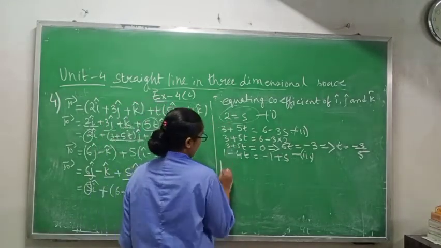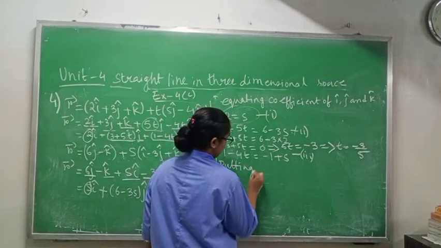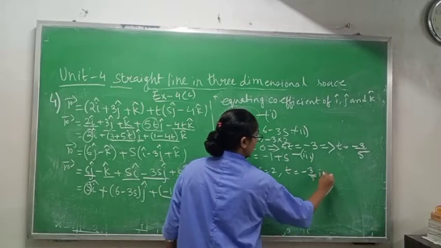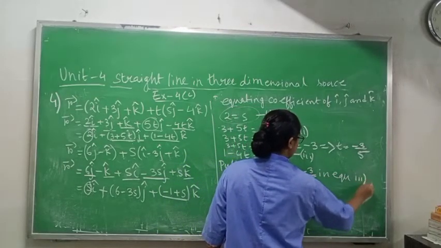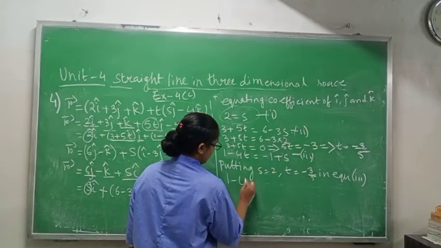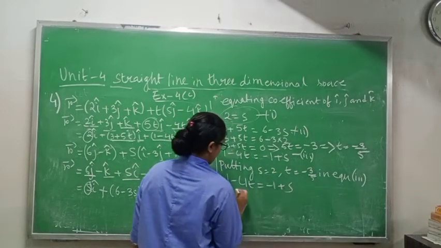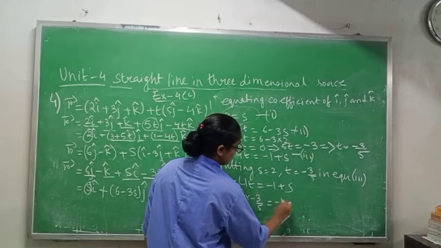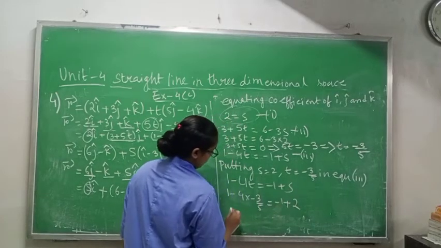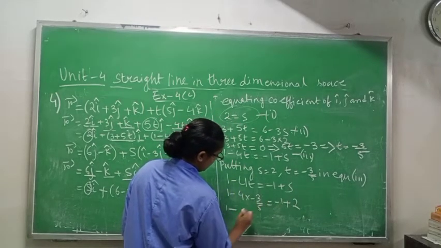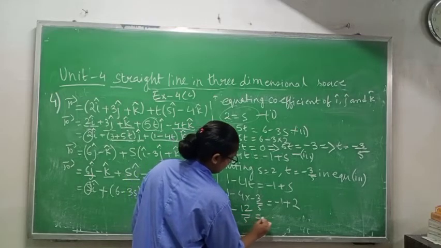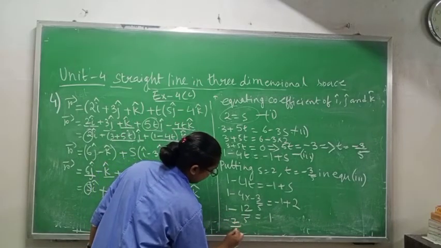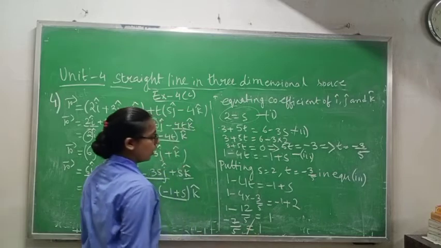Now what you will do, putting s equals 2, t equals minus 3 by 5 in equation 3. So equation 3 is this one, 1 minus 4t equals minus 1 plus s. So 1 minus 4 in place of t minus 3 by 5, equals minus 1 plus s value 2. So you will get here 1 plus 12 by 5 equals, here you will get 1. If you solve this one, 5 plus 12 gives 17 by 5 on the left, and here it is 1, which is not equal.